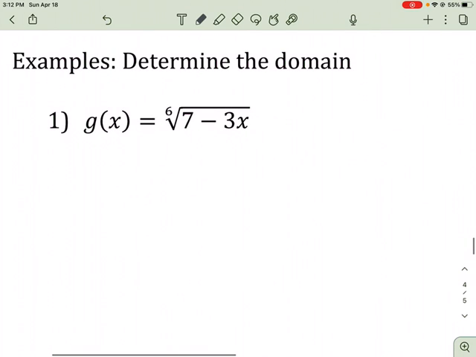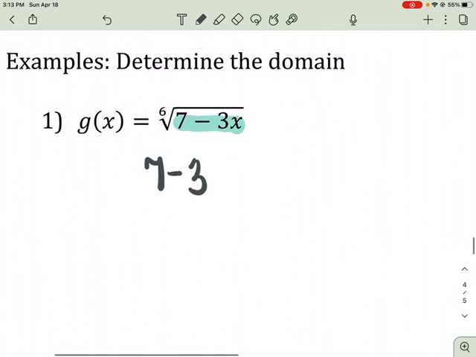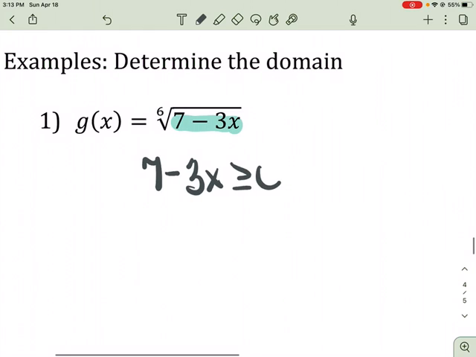Okay, so which means that when I'm doing an even root like this one and I want to determine the domain, I have to be concerned that this expression cannot be a negative number, which means I want it to be greater than or equal to 0. So we're going to do 7 minus 3x has to be greater than or equal to 0 for us to have the correct number underneath.